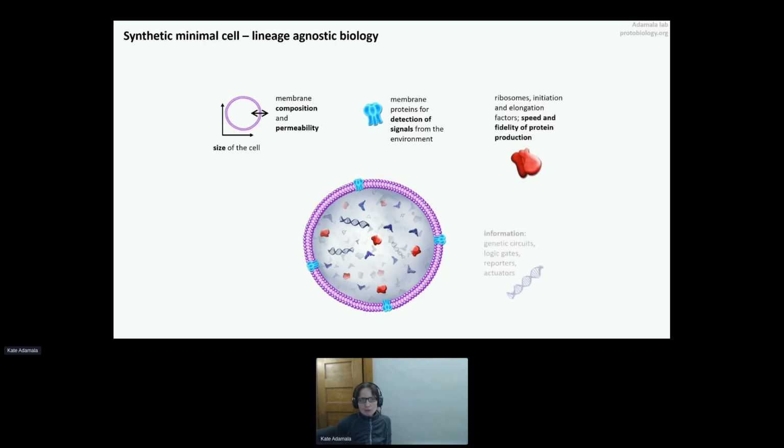From the point of view of astrobiology and looking at prebiotic evolution, looking at life elsewhere in the universe, you can control every aspect of a synthetic cell, which means you can design it to resemble a cell under a lot of different conditions.